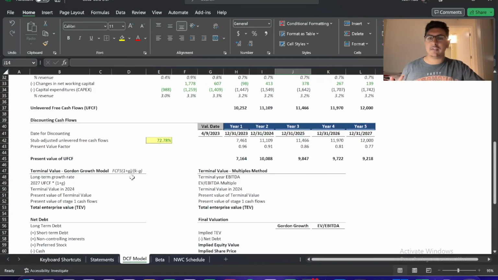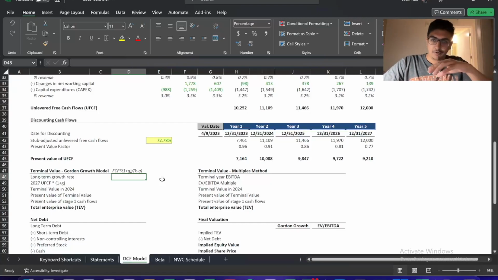But what we don't have is a growth rate. We don't have a long-term growth rate to plug into this model just yet. But this is where you just estimate it. So the law for the long-term growth rate is that it has to be less than the country's GDP growth rate.